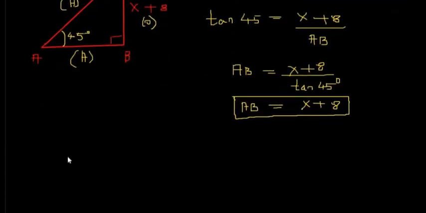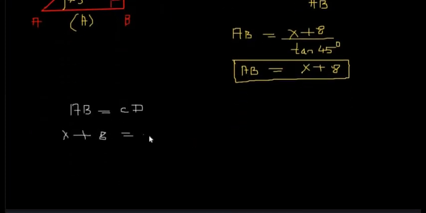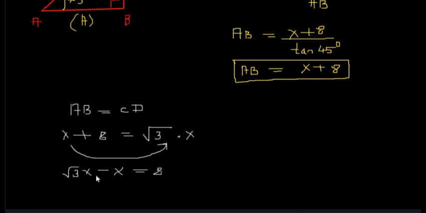Hence we can write AB is equal to CD because they are the opposite sides of the rectangle, and AB we have got as X plus 8 and CD we have got as root 3 times x. So what we are going to do here is bring the like terms together. So it becomes root 3x minus x is equal to 8.